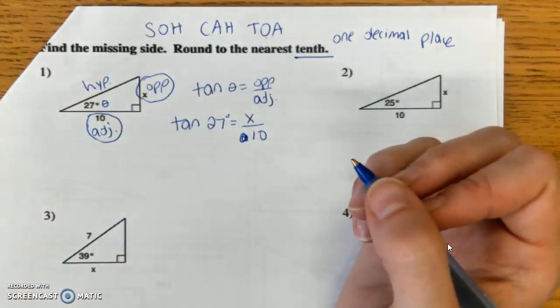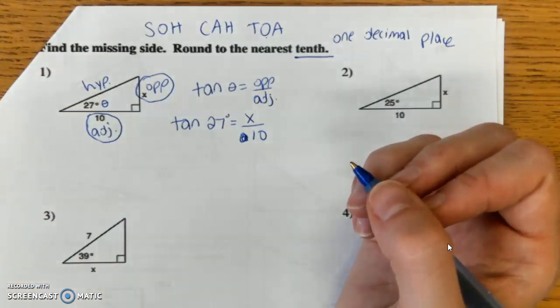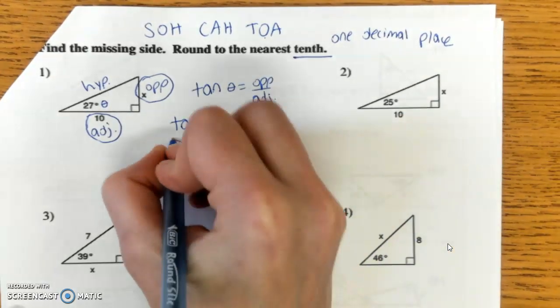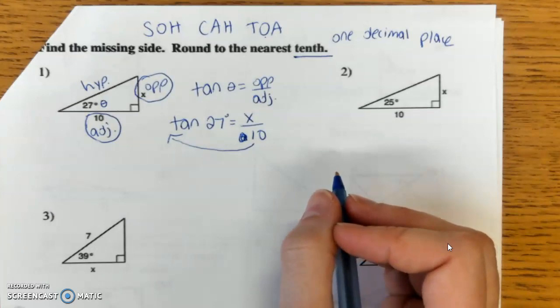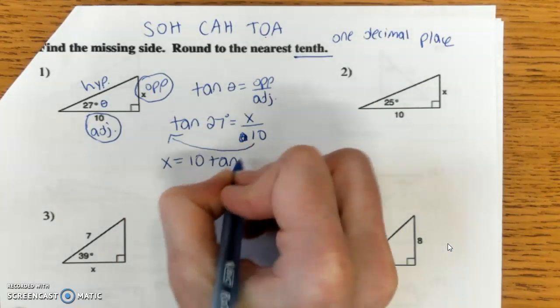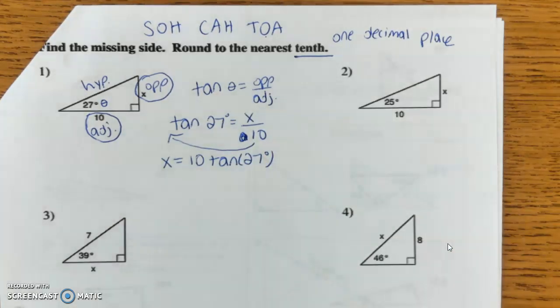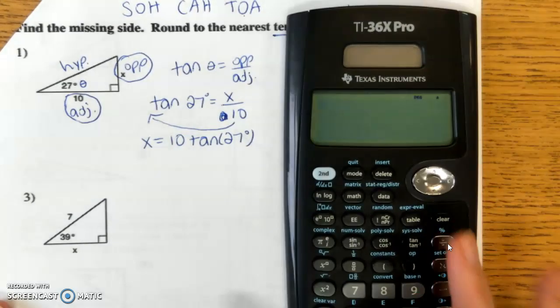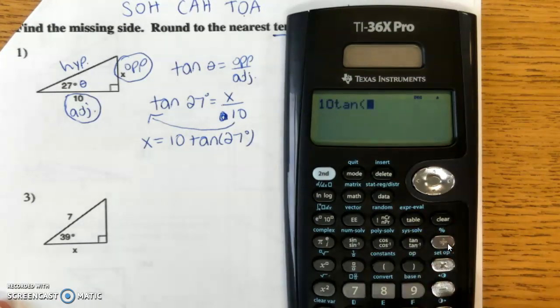All right, to solve for x now, is x on top or on the bottom? It's on the top of the fraction, so I want to kick the 10 in front of the trig ratio. So that gives me x is equal to 10 tan 27. I'm just going to put 10 tangent 27 in the calculator, just like that.